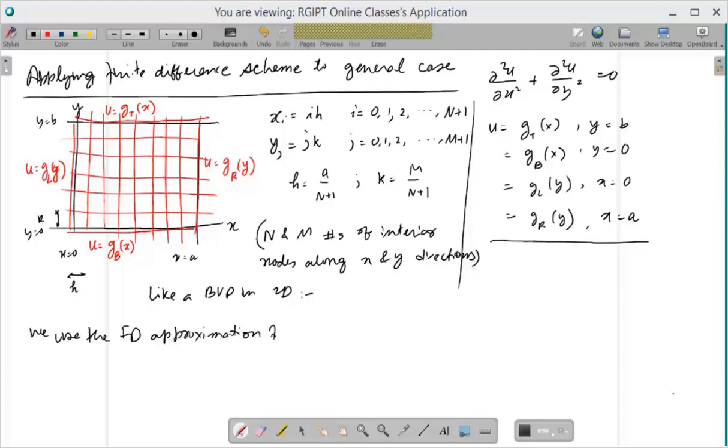You can just remember del 2 u by del x square, where u is a function of xi and yj, and now we have u at n plus 1.